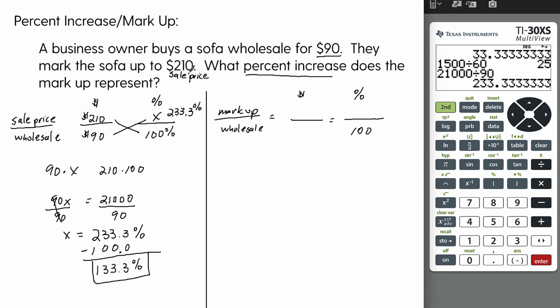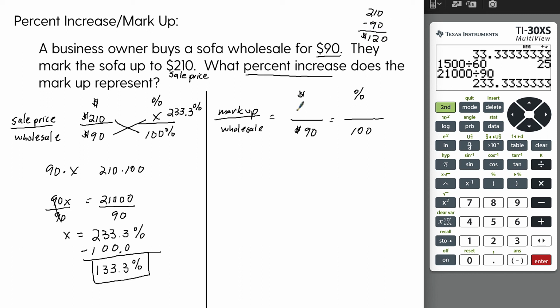Now, wholesale still goes here for $90. But now we have to figure out what the markup is. So what we have to do initially here is take, well, we sold it for 210, and he bought it for 90, so you have to subtract to see what the markup is. Okay, and the markup is $120.